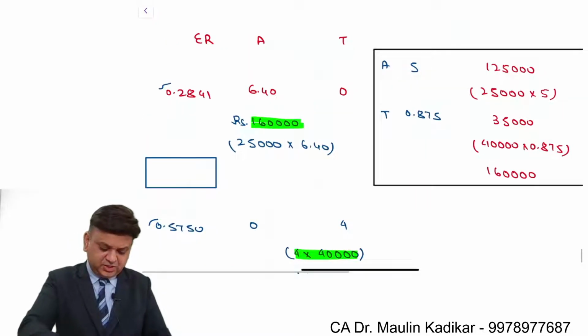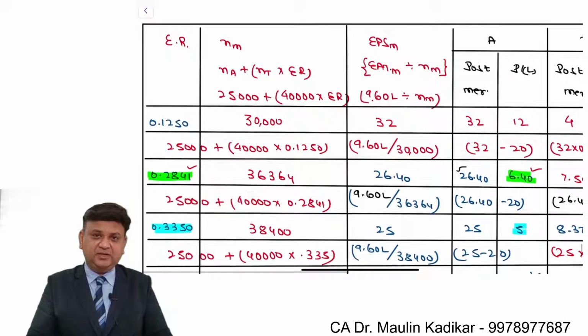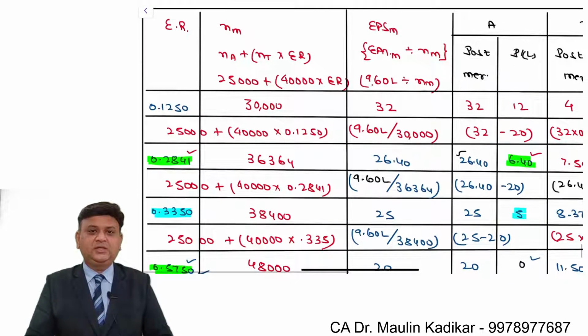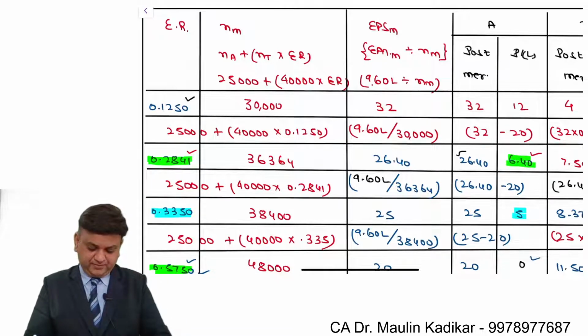Over here, of course, theoretically we are having an exchange ratio of 0.1250, which is less than the minimum the target company requires. The target company requires a minimum exchange ratio of 0.2841.